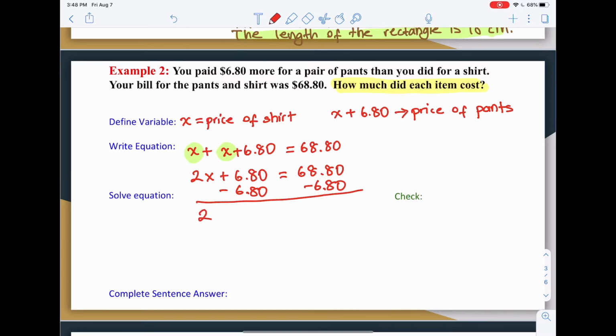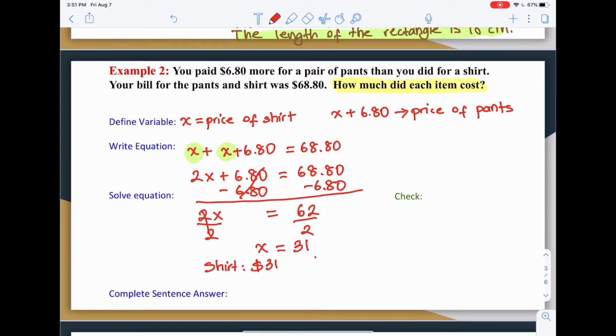Then I have 2x, those are canceled, equals 62. If I divide both sides of the equation by the coefficient of x, which is 2, then x will be 31. We know the shirt is $31, so I can easily find the price for the pants.